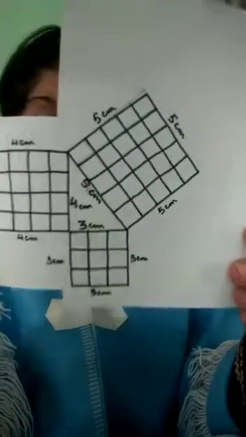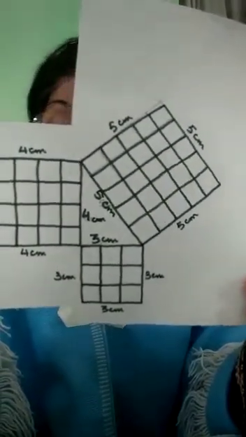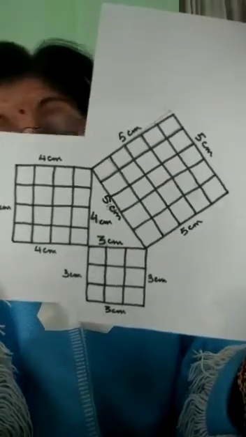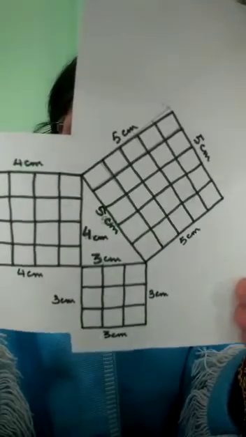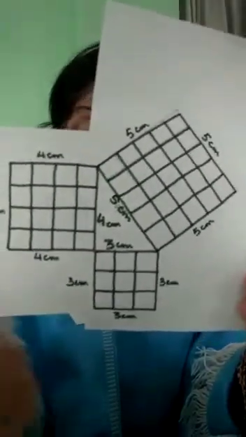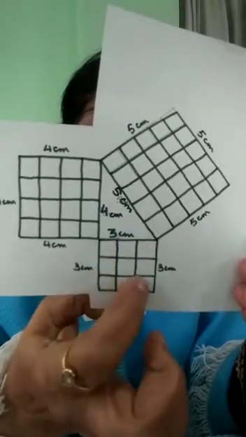Now we join the dots. If I join the dots, what I am getting is a figure or a diagram something like this. There are 3 squares on the sides of the right triangle, and this square forms a large number of small squares.